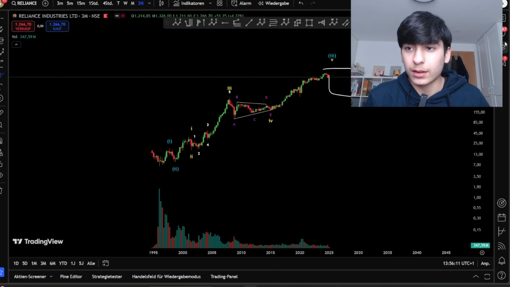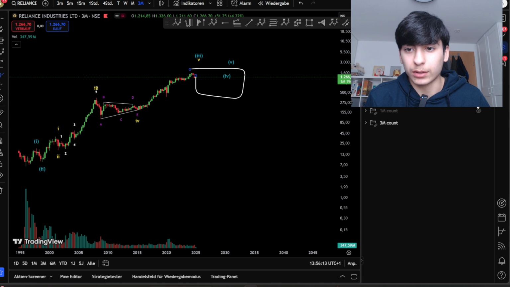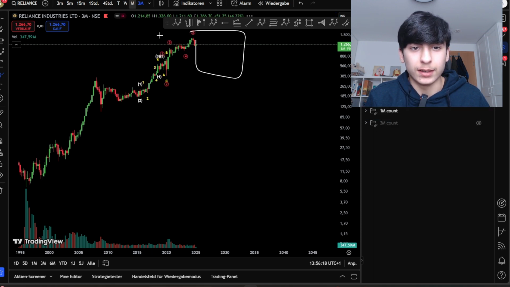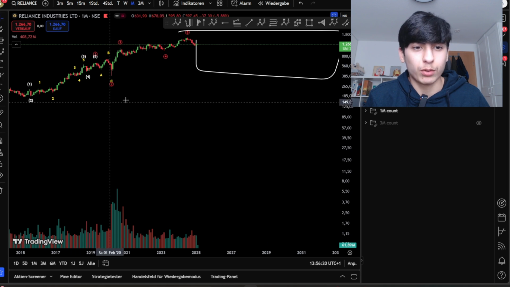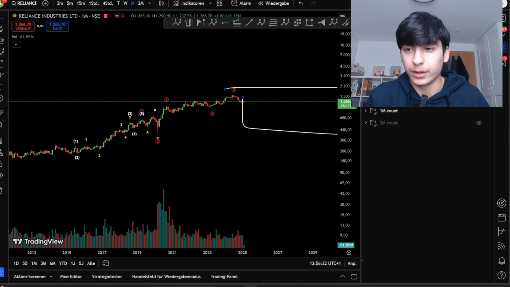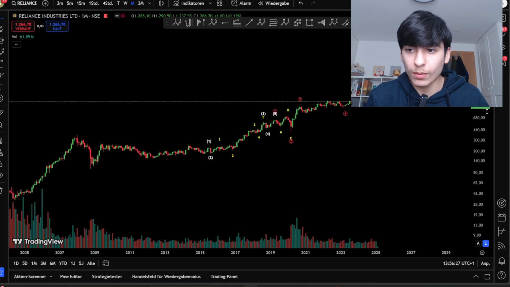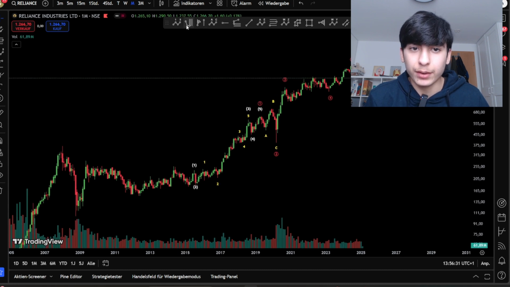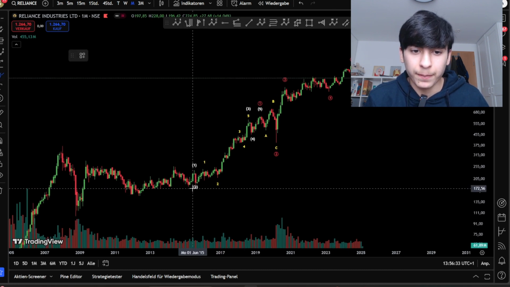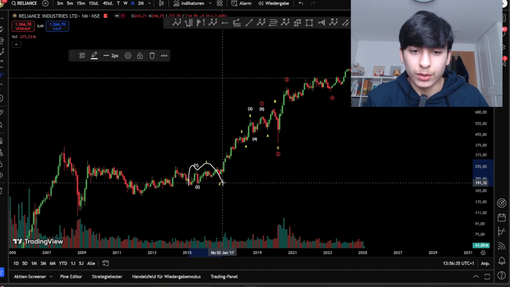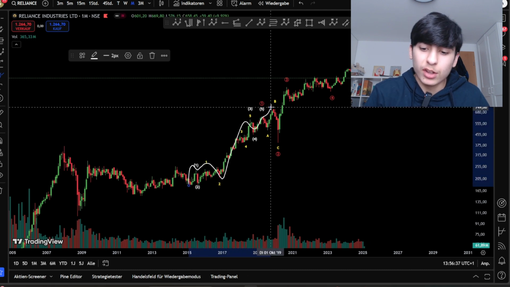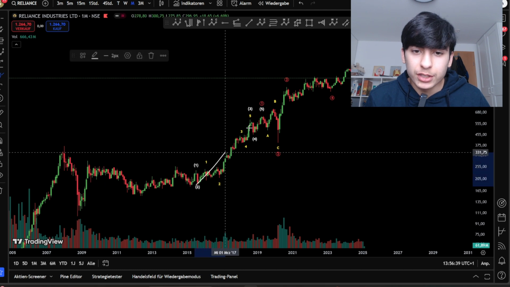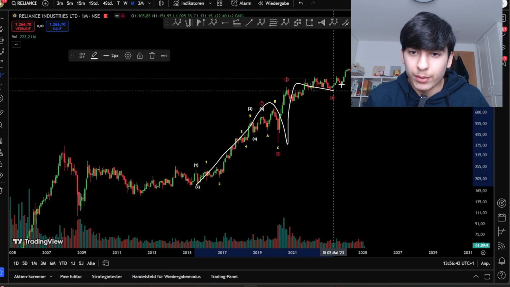Now, if we then look at this count to the upside, my first count is this, where we go into the 1 month chart and take a look at it. So here we have a multi-1-2 scenario where we have a 1 2 1 2 3 4 5 4 5 to then finish a 1 2 3 4 5.